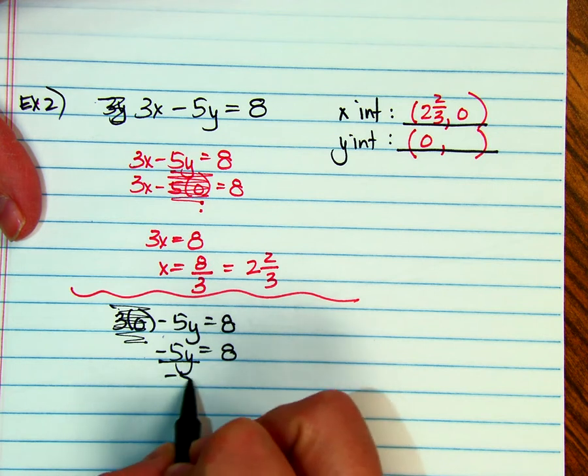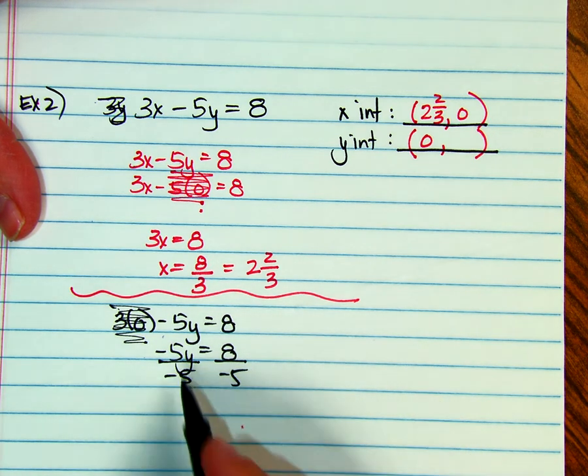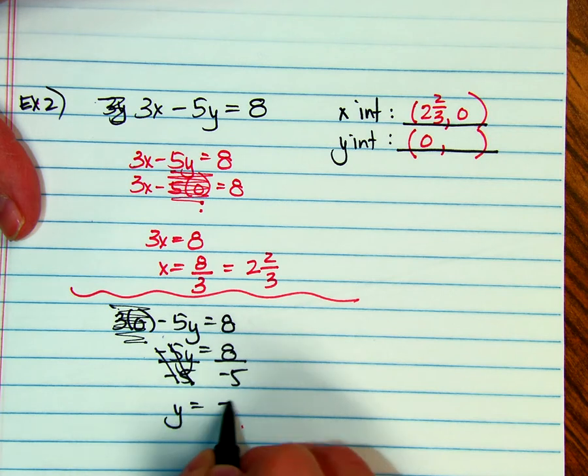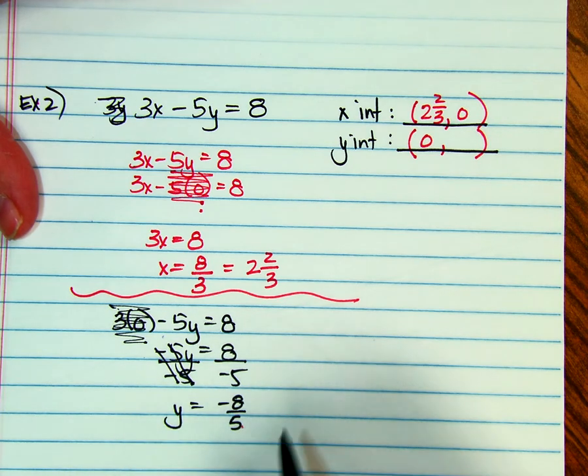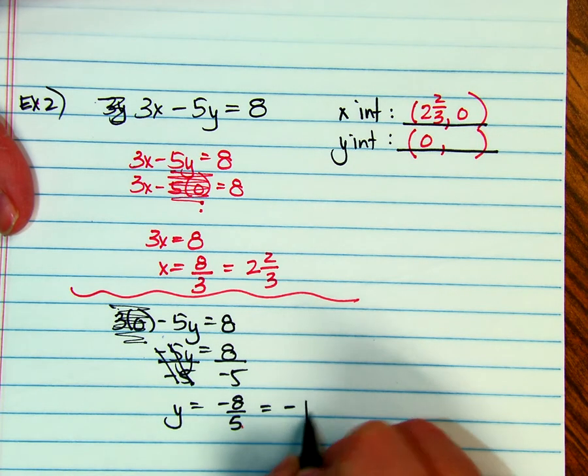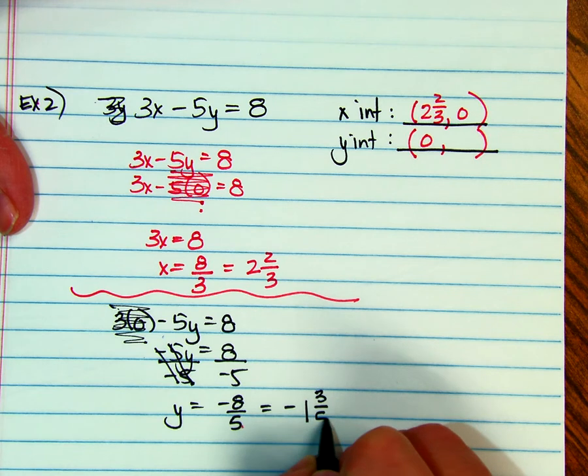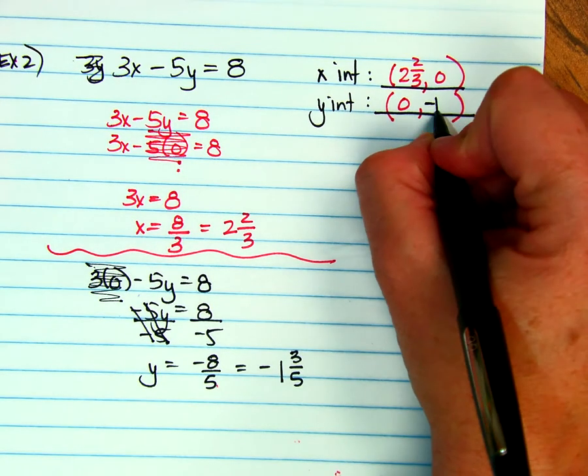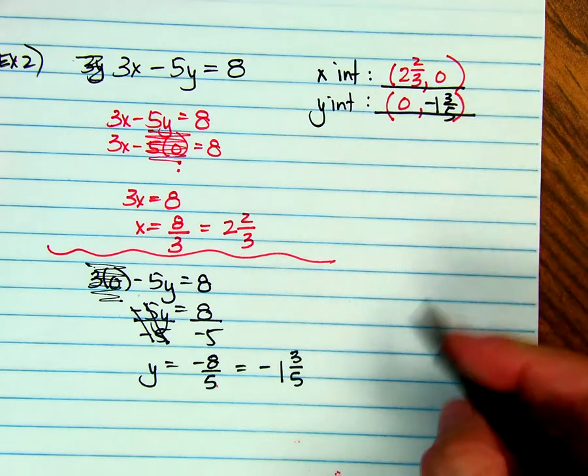Divide both sides by negative 5. 5's cancel, negatives cancel, so y equals negative 8/5, which gives me negative 1 and 3/5. Again, this is not going to be pretty to graph.